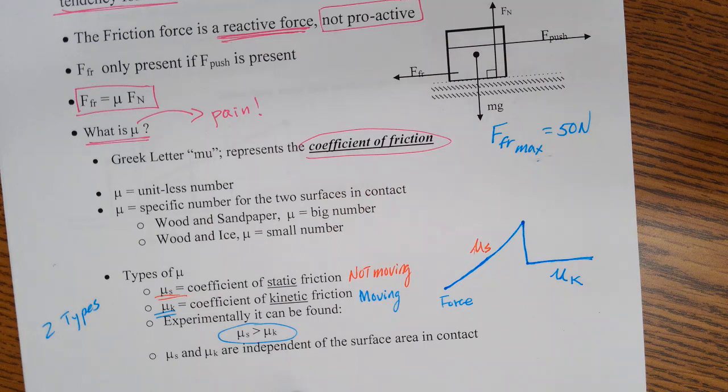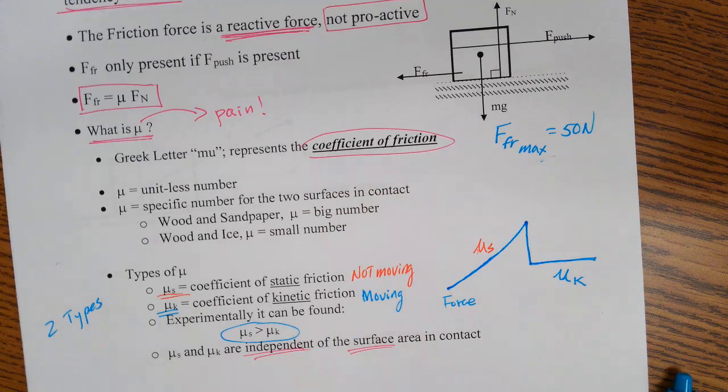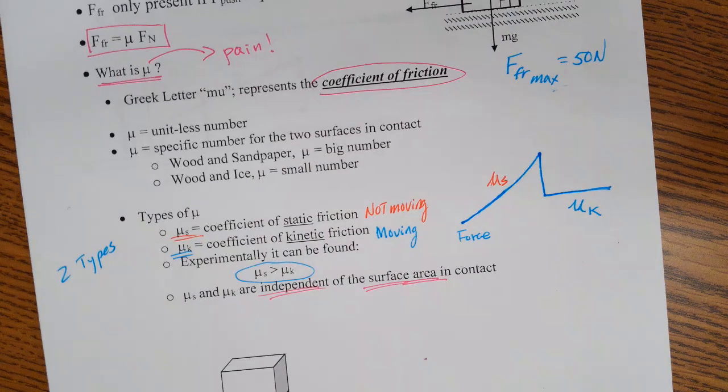And mu sub s and mu sub k are independent of the surface area in contact. So just because it's got wider surface area does not necessarily mean that it has more friction. Say for example, here's a mass of 3 boxes stacked on top of each other.